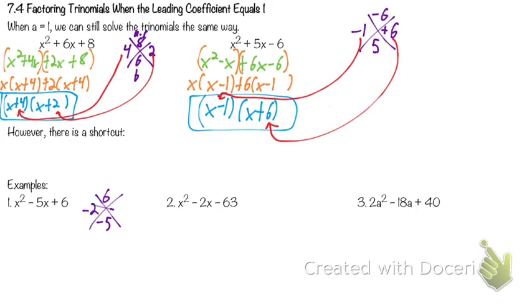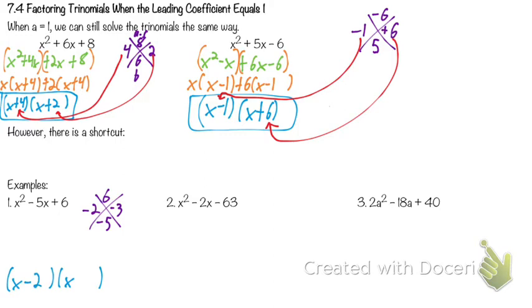Truthfully, we don't care whether the 2 goes on the left or the 3 goes on the left. Now, since A is 1, here's what we can do. Both of our parentheses are going to be the variable x. And then what follows is determined by the sign and number on the sides of the x.